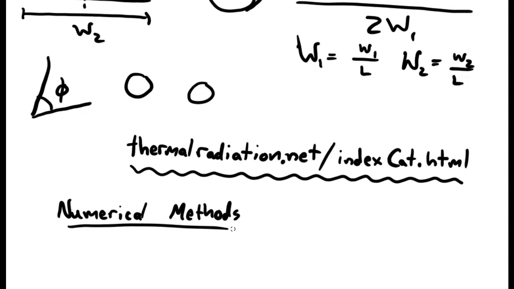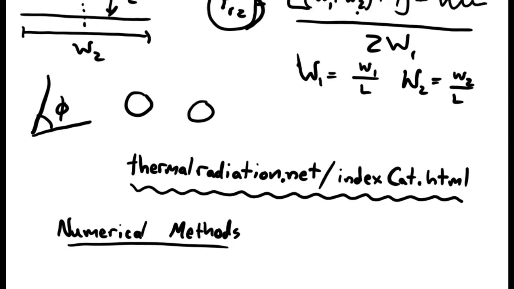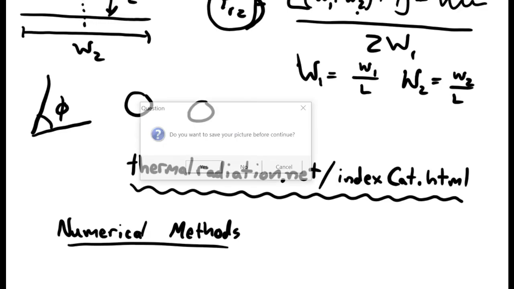But we're not going to cover that. So those are kind of the different methods you can use. There's the tables, there's this website, there's numerical methods, but then there is one more thing you can do.